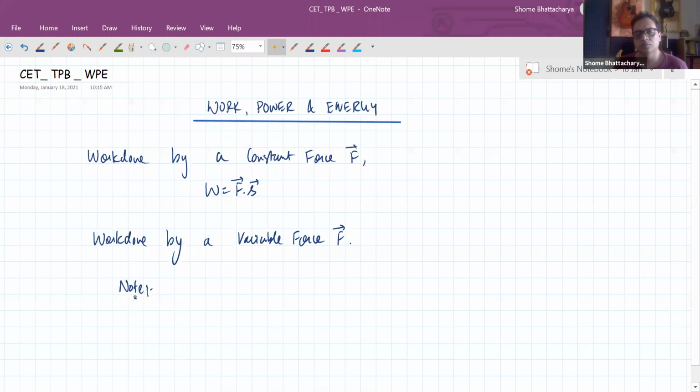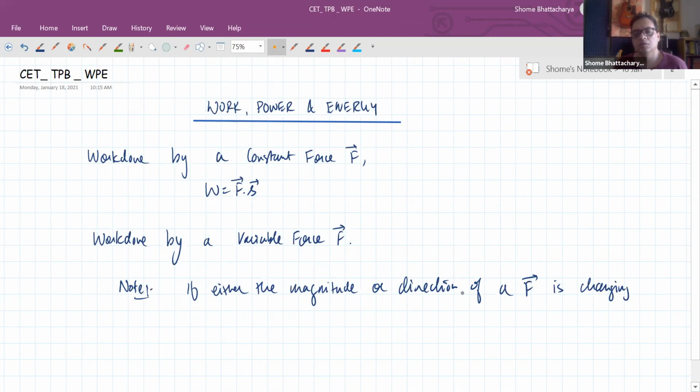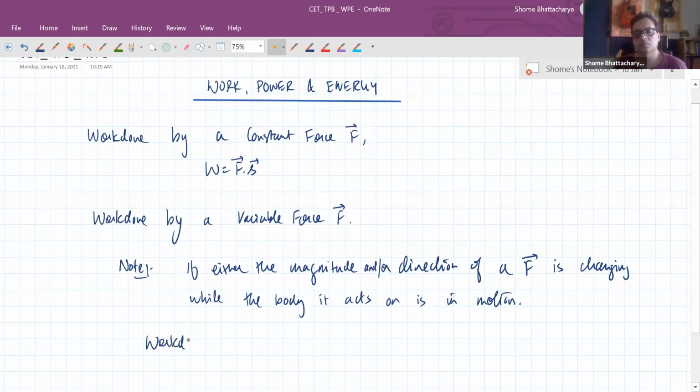So if either the magnitude or the direction of a force is changing, or both of the things can also happen, so when we say or direction, we can say and/or, while the body it acts on is displacing, then the work done by that force is defined by this relation.